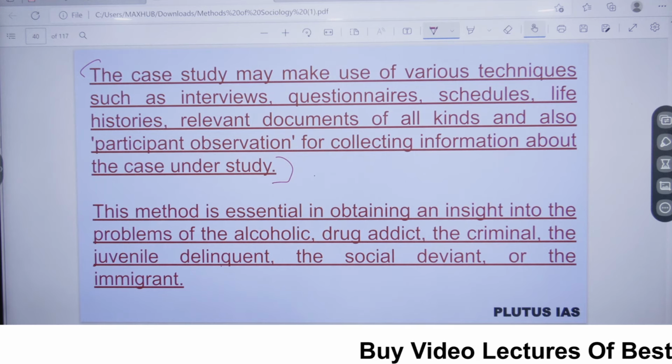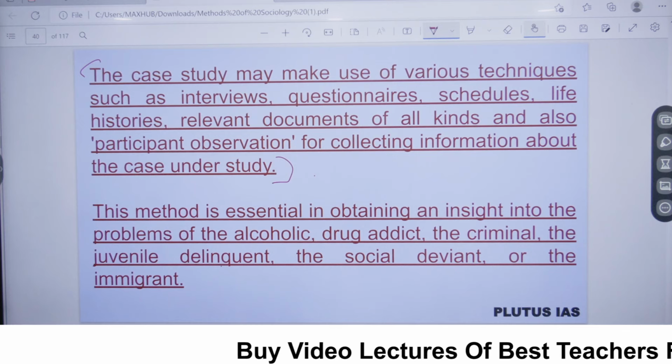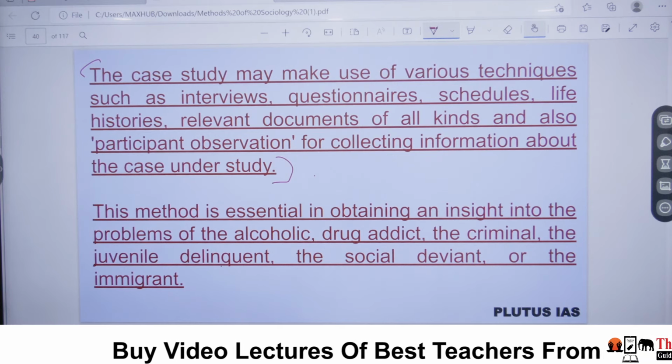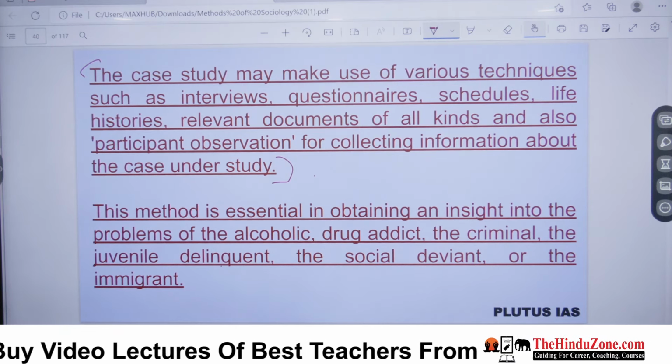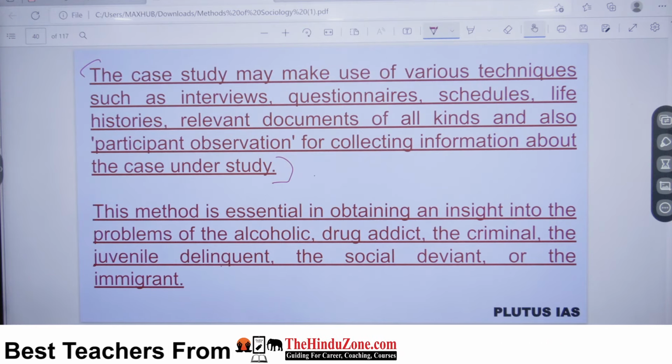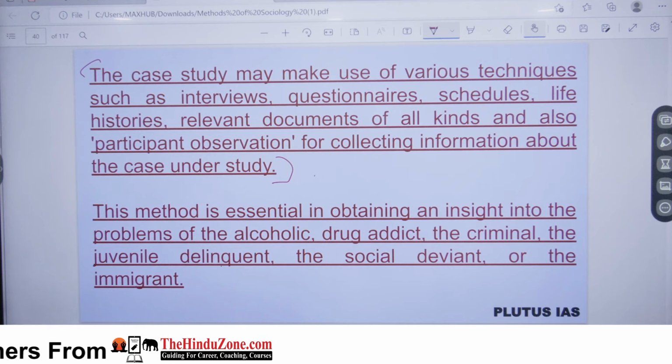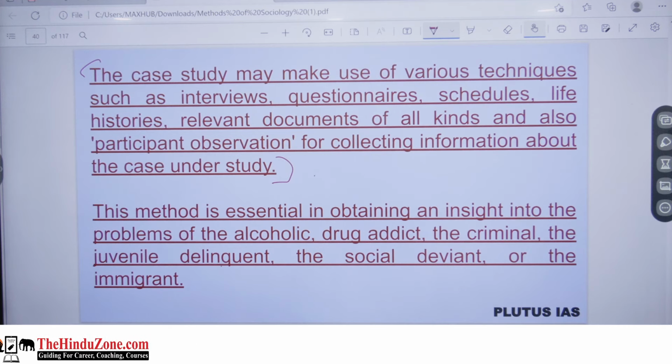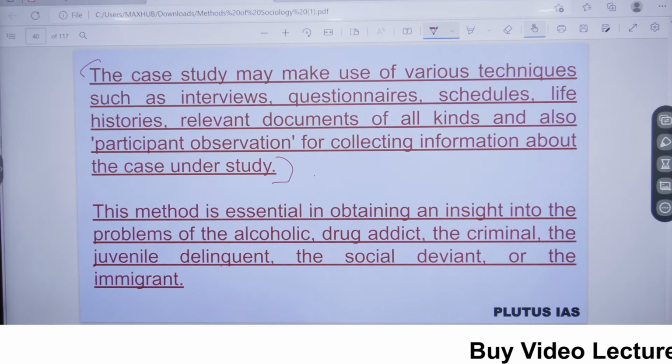Later you can make your own notes. Am I audible?